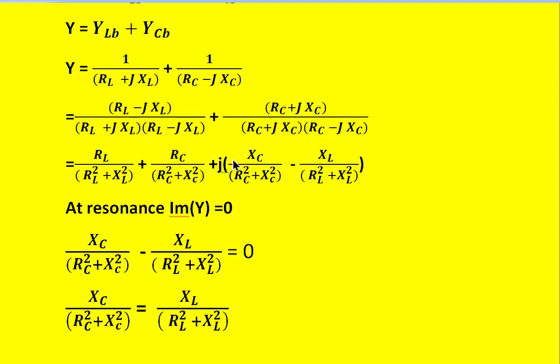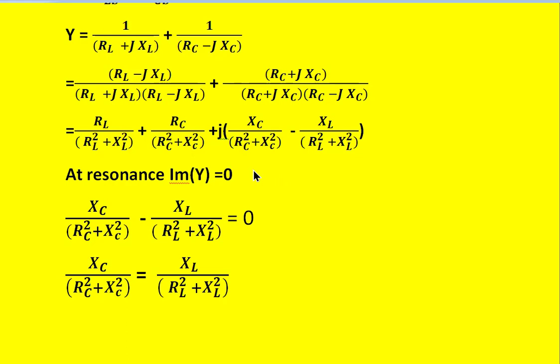Further, separating the real part and imaginary part, the Y equation becomes RL by RL square plus XL square plus RC divided by RC square plus XC square plus j into XC by RC square plus XC square minus XL by RL square plus XL square.